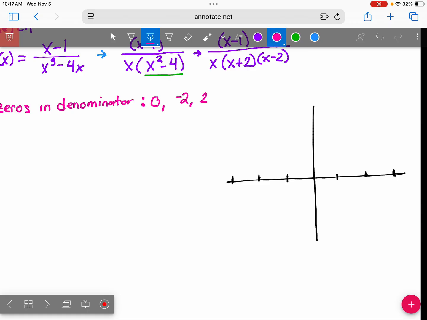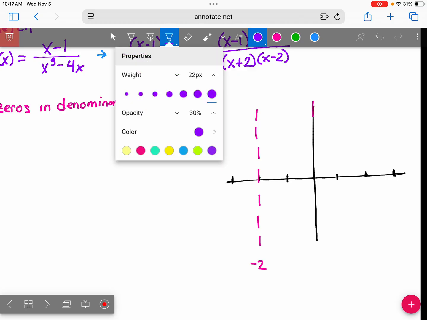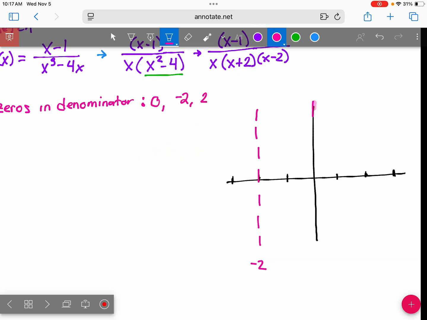We know we're going to have a vertical asymptote at -2. That's this guy over here. We're going to have a vertical asymptote at 0, like this, just so we can see it over there. And one at +2.